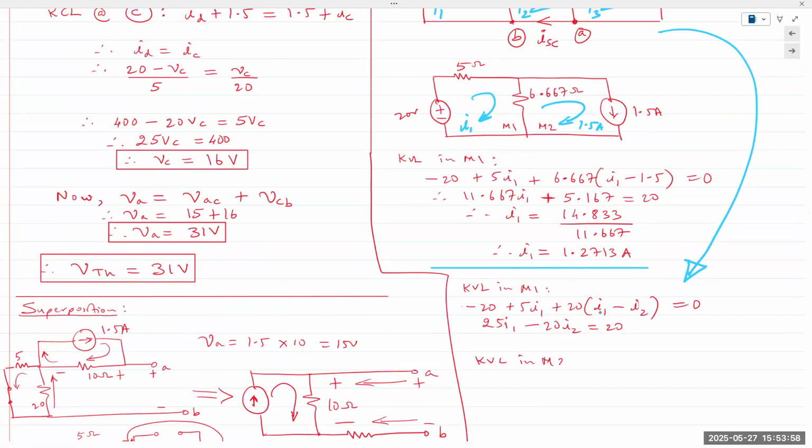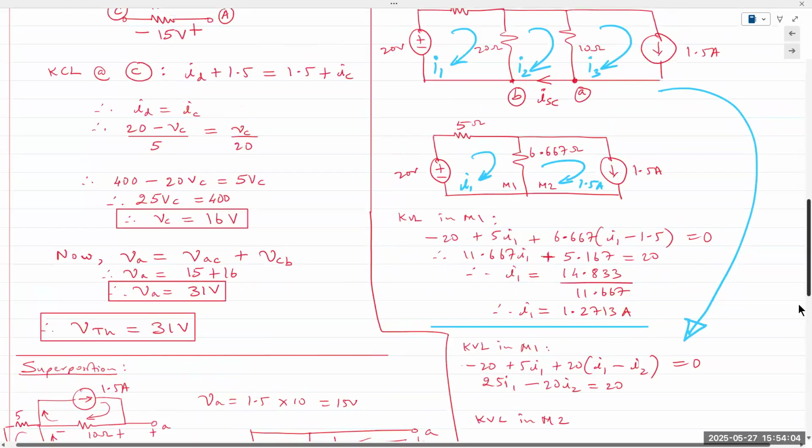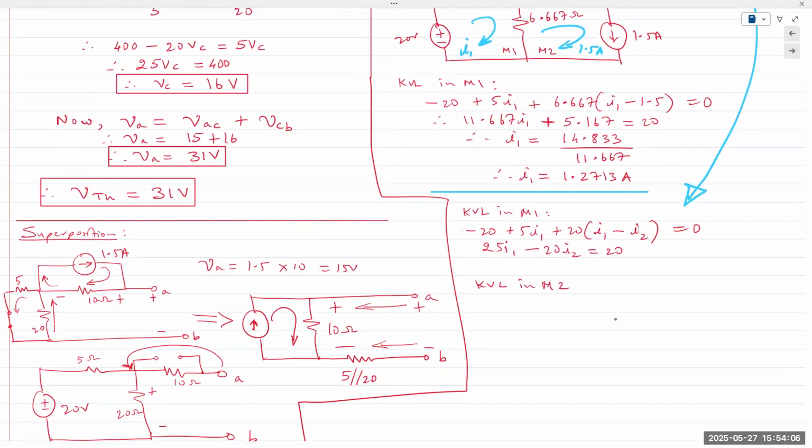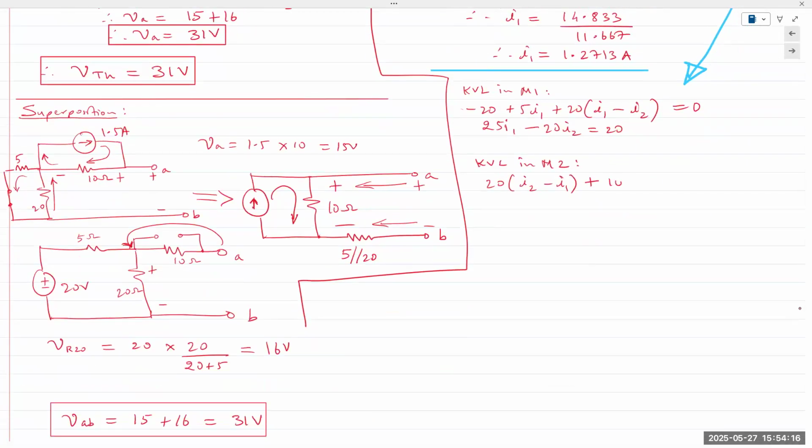KVL in M2. What do I have? I can write 20 times (I2 minus I1) plus 10 times (I2 minus I3) is equal to 0. Right?